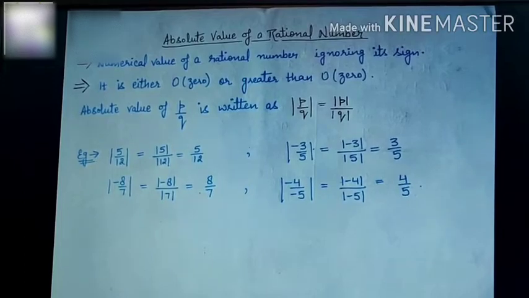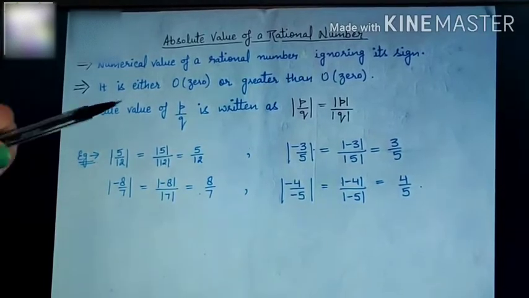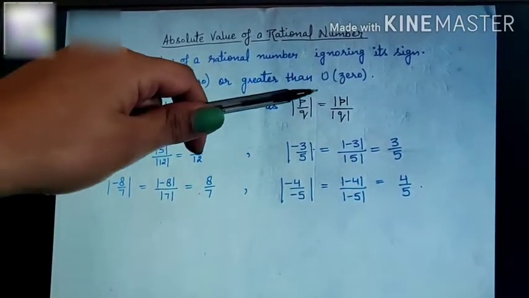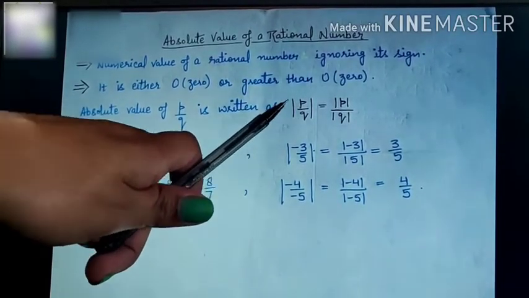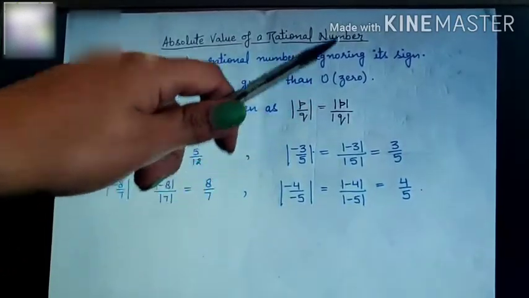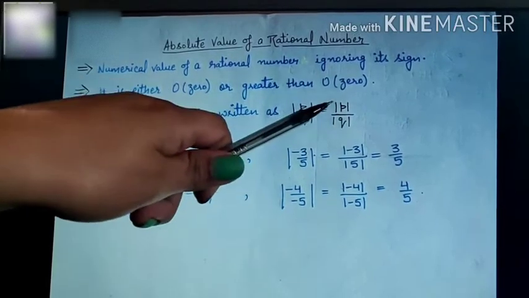Means it is positive or it can be 0, but it is not negative because we don't consider sign. The absolute value of P upon Q is written with the symbol called mod. It is represented like this, mod of P by Q. That means absolute value of P by Q. It is equal to absolute value of P upon absolute value of Q. That means mod P upon mod Q.